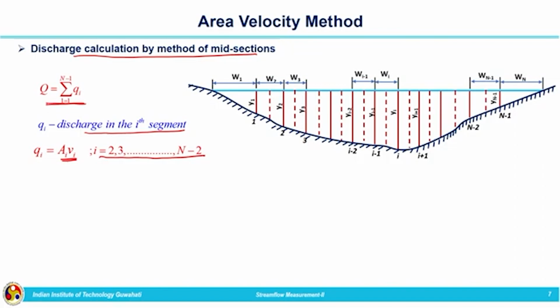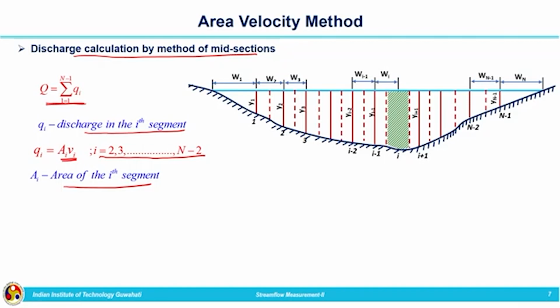The first segment and the last, n minus 1, segment are triangular in shape, and other segments can be considered as rectangles, and the area can be calculated using the formula for the area of a rectangle. So, Qi is given by Ai Vi. Ai is the area of the ith segment, and Ai can be schematized like this.